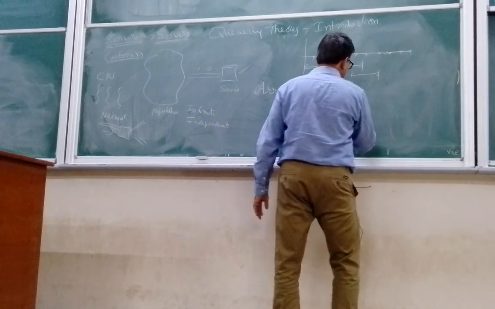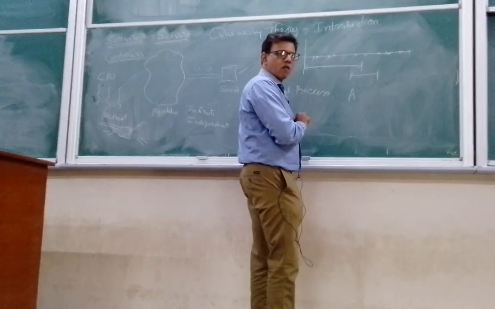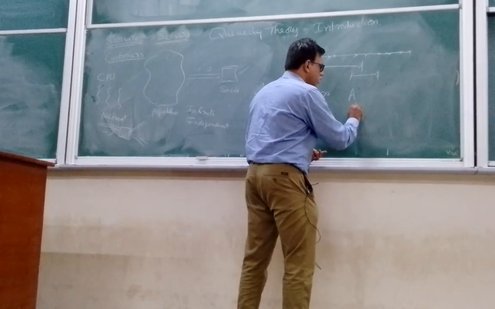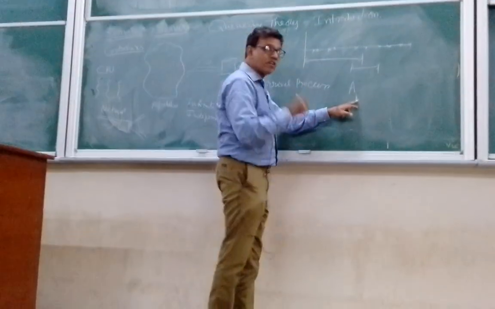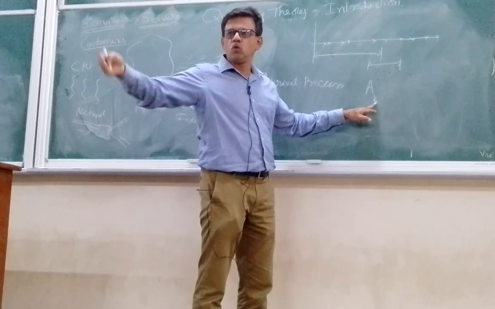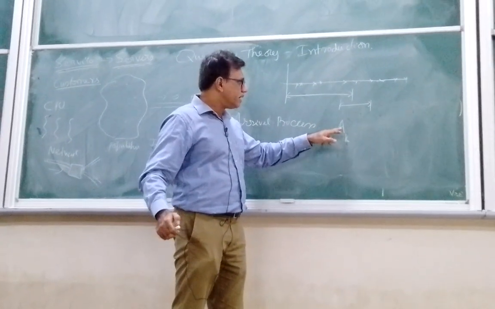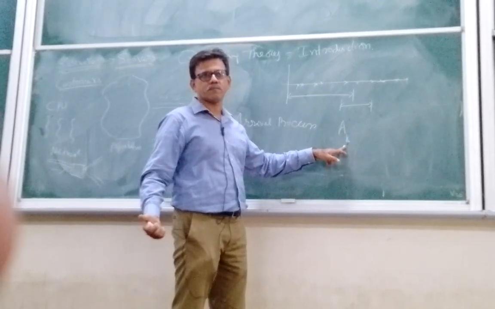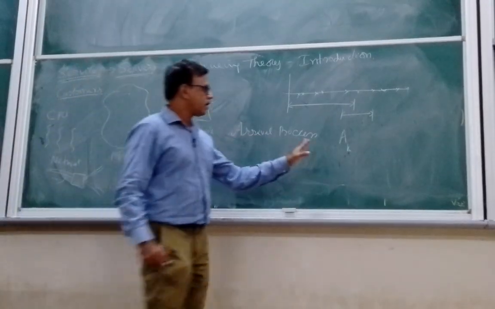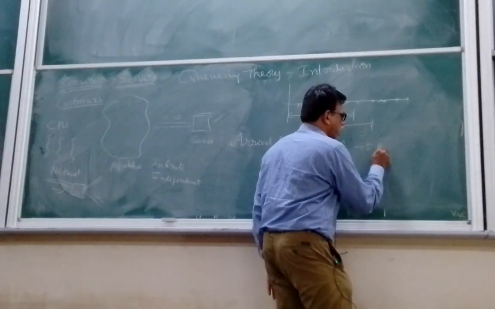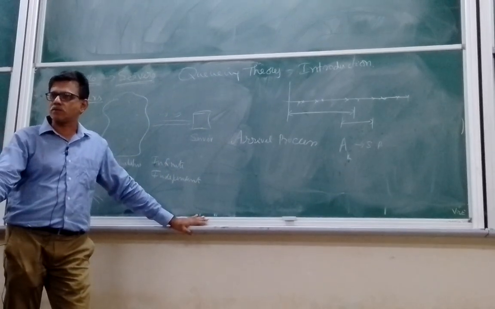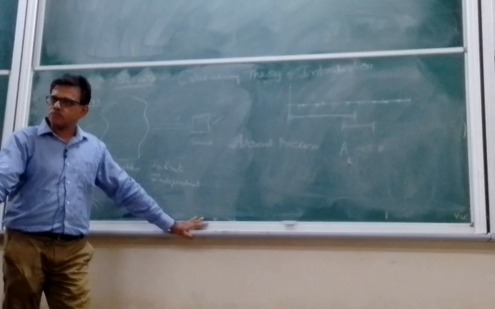Let us say the arrival A, between 10 to 11 and so on, you can get suffixes by which hour you are talking about, whether 9 to 10 or 10 to 11. 9 to 10 means 1, 2 and so on. So you have got random variables indexed by hour, which means you have a stochastic process. So the arrival process is a stochastic process. That is why we have used the term process here. Process means stochastic process. So we have to characterize it.